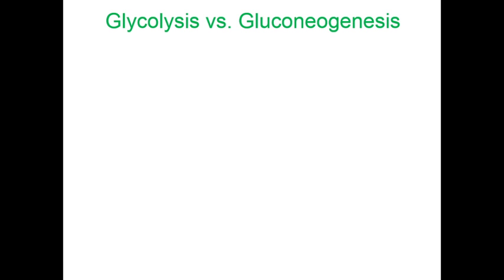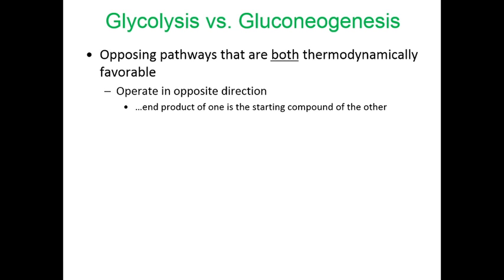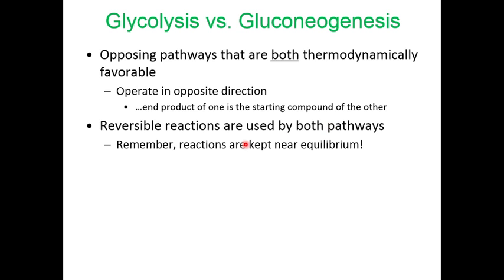If you consider the differences between glycolysis and gluconeogenesis, they are opposing pathways that are both thermodynamically favorable. They operate in opposite directions. The end product of one is the starting compound of the other. Reversible reactions are used by both pathways. As I said before, there are 7 reactions that are reversible and are used by both glycolysis and gluconeogenesis.